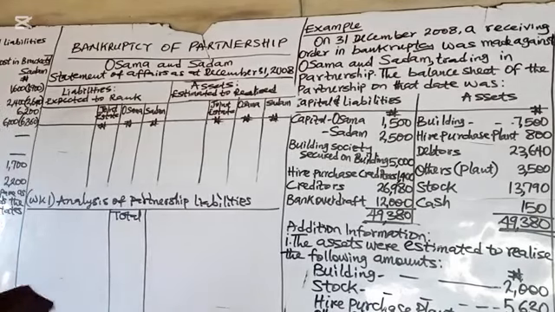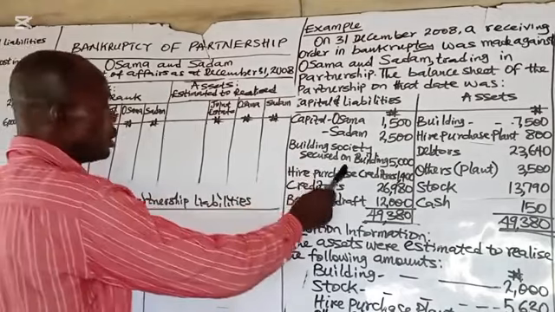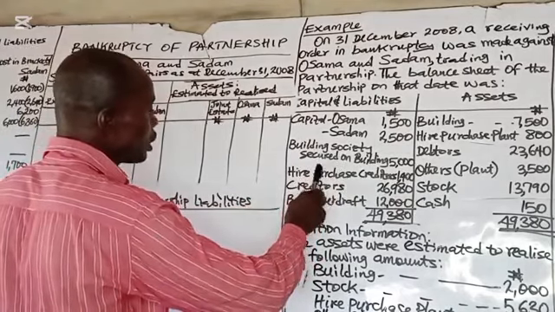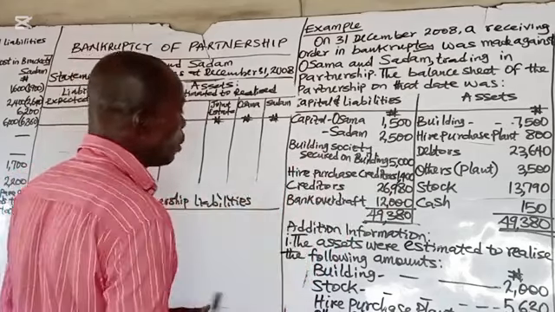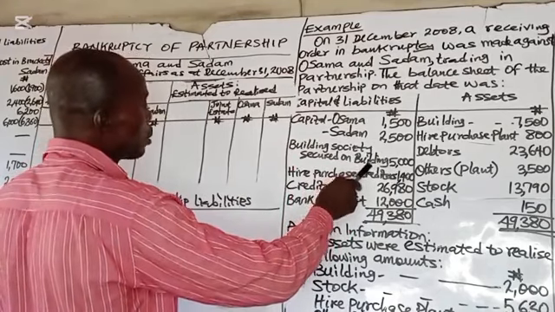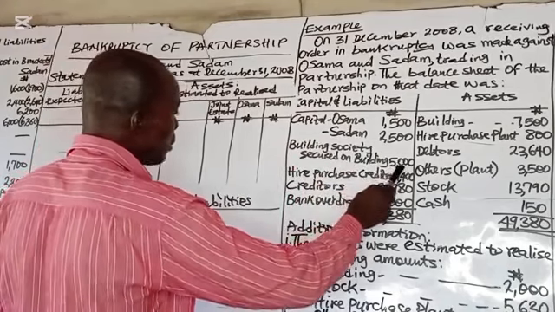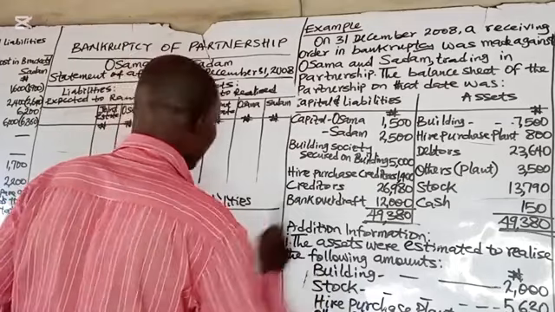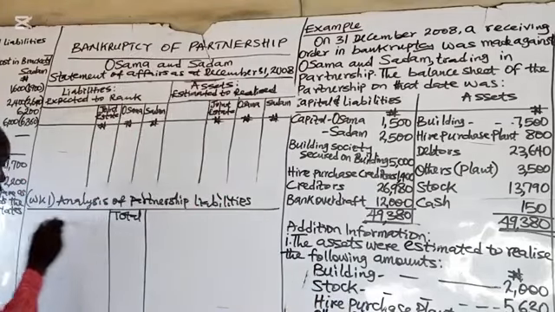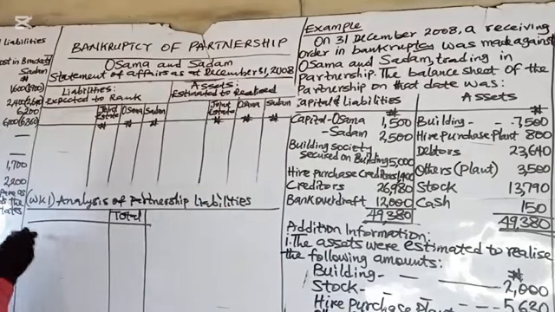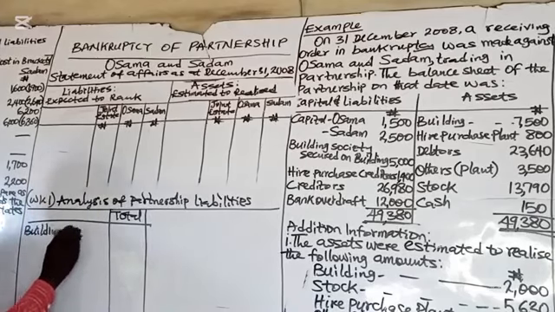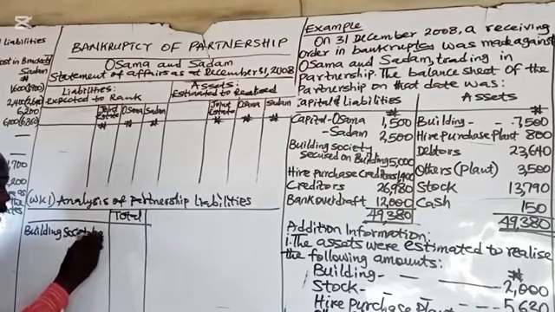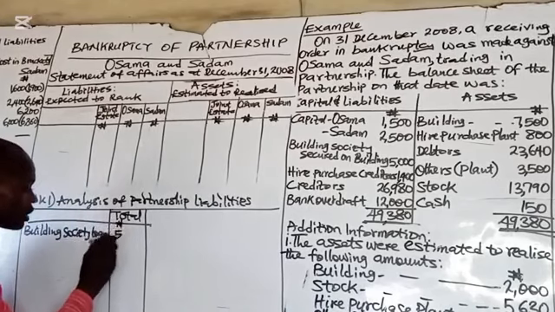Now, the liabilities of the partners include building society secured on building. By building society, it means it's a building society loan. Building was used as a collateral for such a loan. That amounted to 5,000. So now let's have building society loan, and that amounted to 5,000 naira.